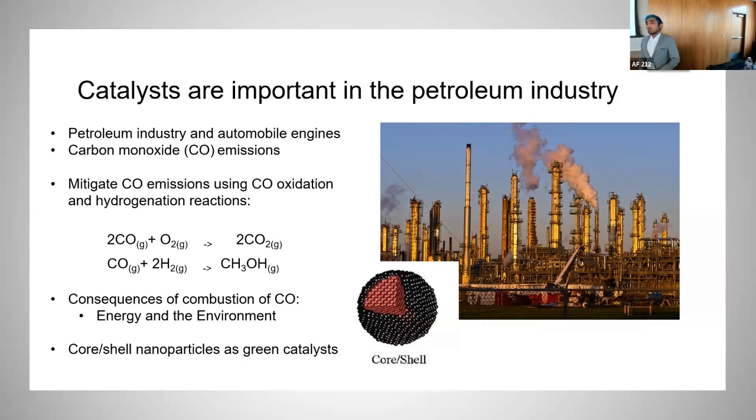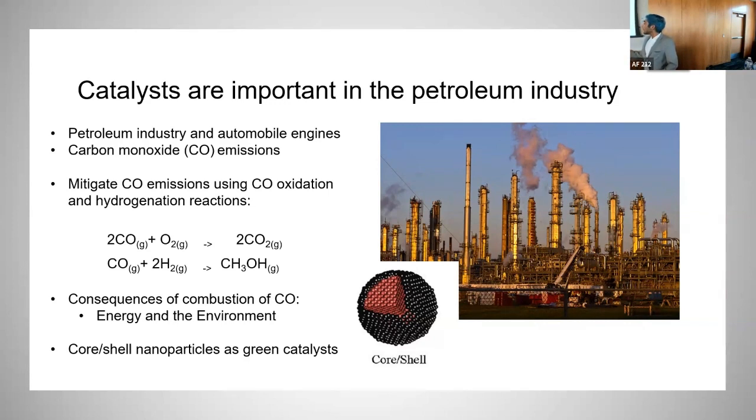So this project is really important to me in a way where I can focus on a solution to developing better energetically efficient methods to produce synthetic gas. Essentially what we're focusing on in this process is mitigating CO emissions through CO oxidation and hydrogenation reactions.